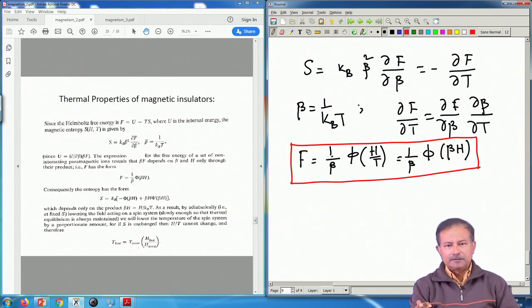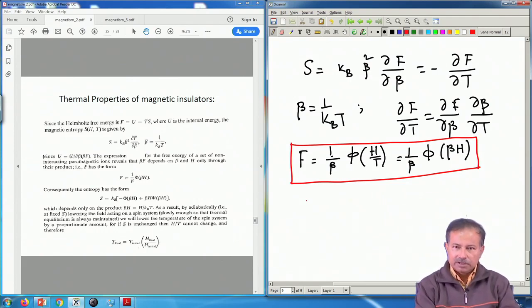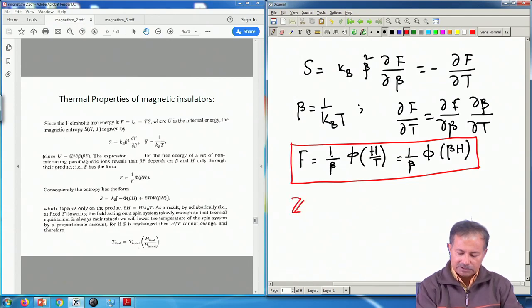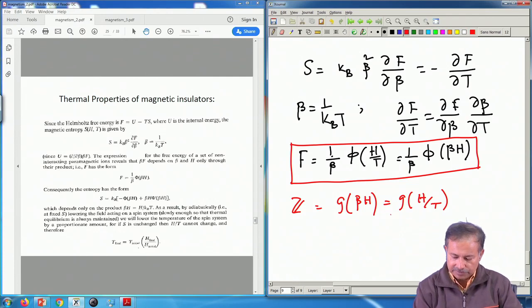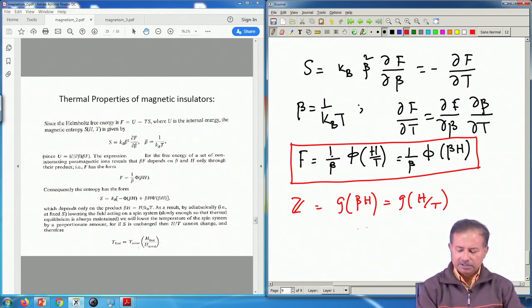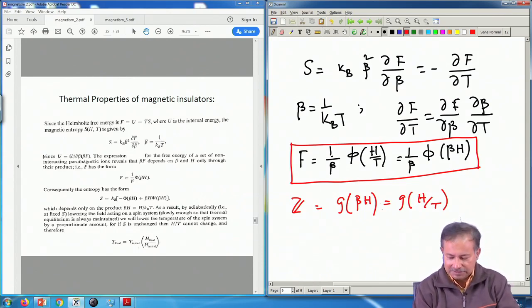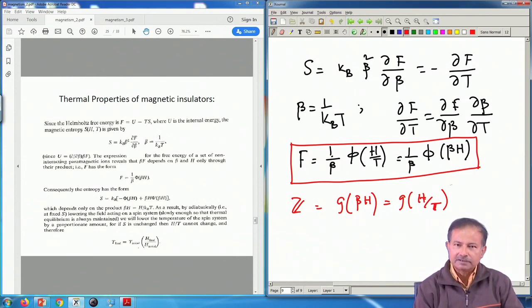This is the interesting observation we have made so far: your partition function is just some function g of beta h, that is, g of h by kT, or h by T. This says that if I reduce my h, I have to necessarily reduce my T also, so h by T is the factor that goes in.